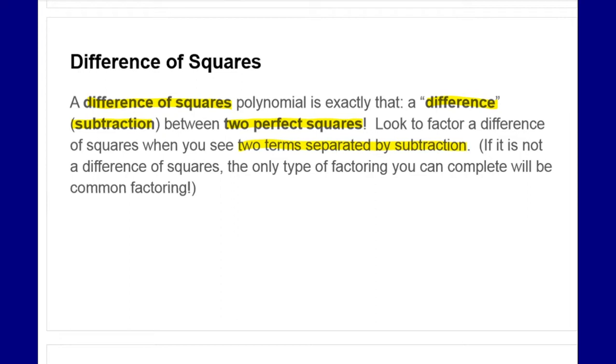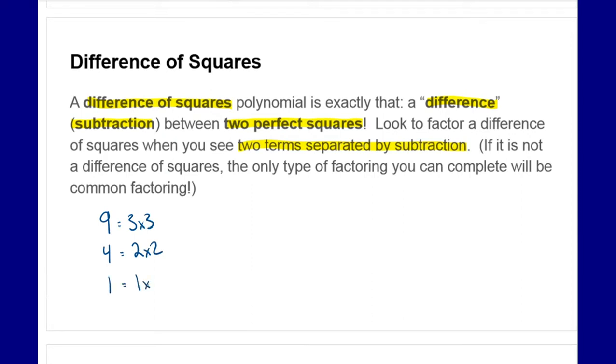A couple of things to keep in mind. What is a perfect square? Well, a perfect square is a number that when you square root it, you get a nice value. For example, 9 is a perfect square of 3 times 3. 4 is a perfect square of 2 times 2. 1 does work.